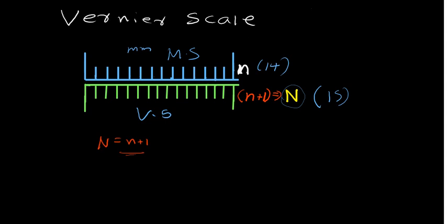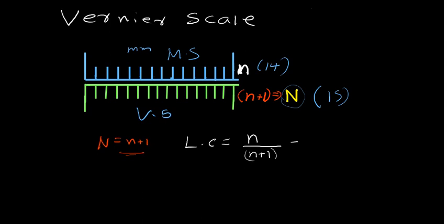And again, the least count of the Vernier scale: you took n divisions of the main scale, and you divide it by n plus 1. This is going to be the main scale reading.